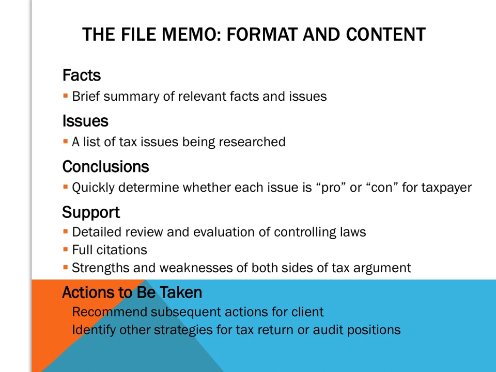And it's called the file memo here. It's also called a research memo, okay? And it's always in the same order, and it follows a very specific pattern, okay? So from a consistency perspective, that's a good thing, right?